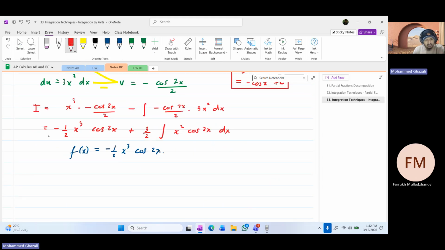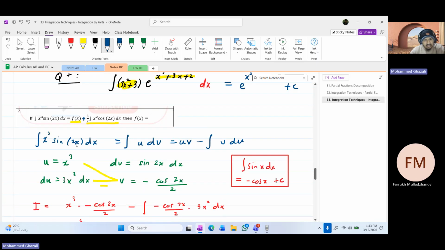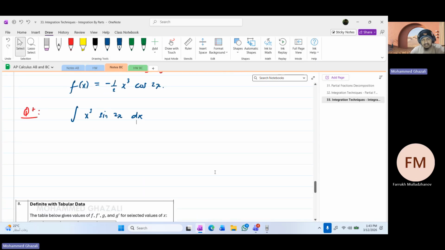What if I try to integrate the whole thing? Please do not use the integration by parts formula. Then you have to end up using the parts formula 3 times. Integral of x cubed sine 2x dx. That's what we had, right? So if you want to integrate this, just use the DI method. Differentiate, integrate, okay? So we're going to go here.